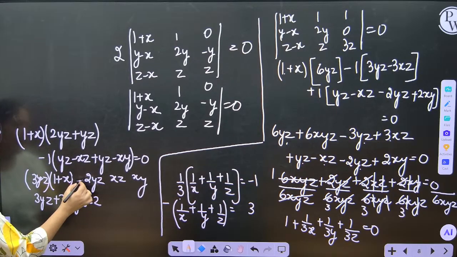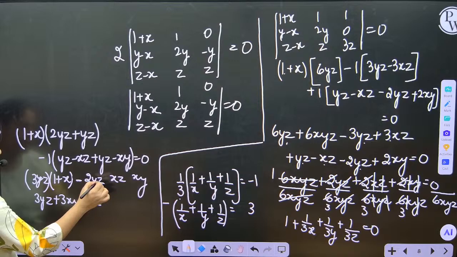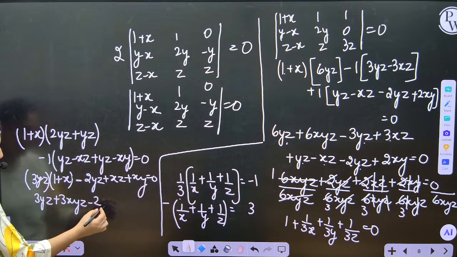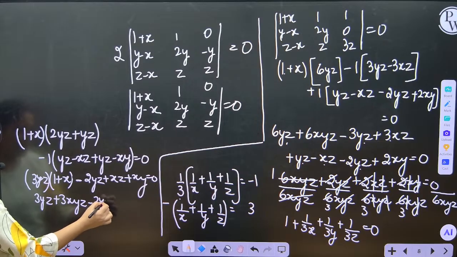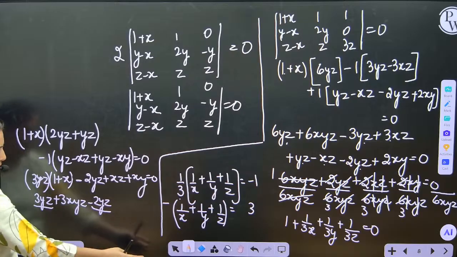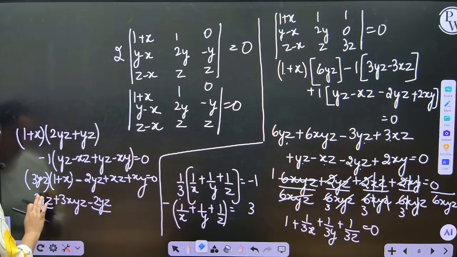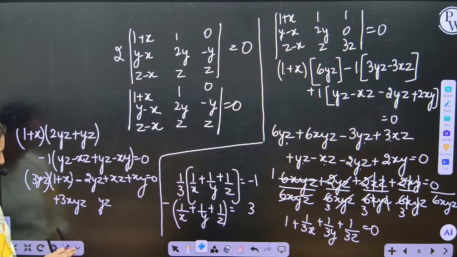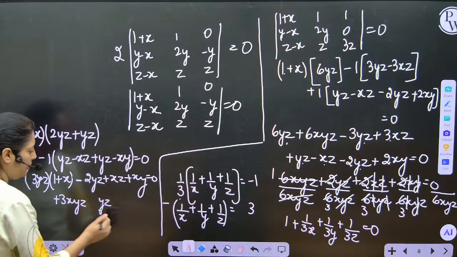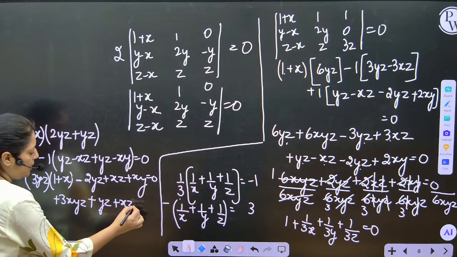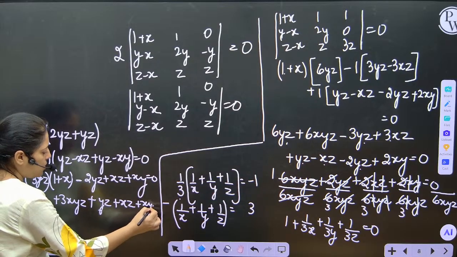This will become minus, this will become plus, equals 0. So 2yz, now see, 3yz minus 2yz is nothing but 1yz only. So I am writing 1yz here, plus 1yz plus xz plus xy equals 0.